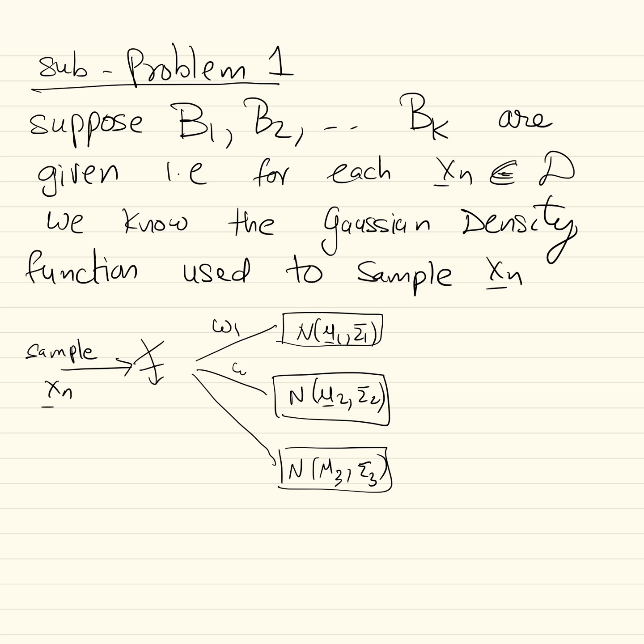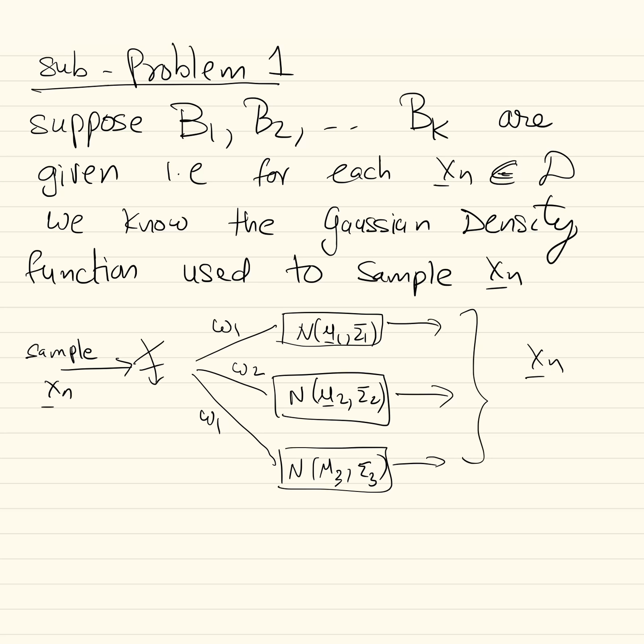Now what we are going to tell you is that whether you went on the first branch, the second branch, or the third branch, this information is revealed. For every point in the training set, we actually tell you which branch was taken beforehand. But we don't tell you what the rest of the parameters are.